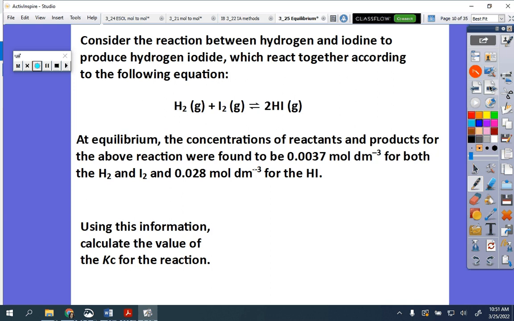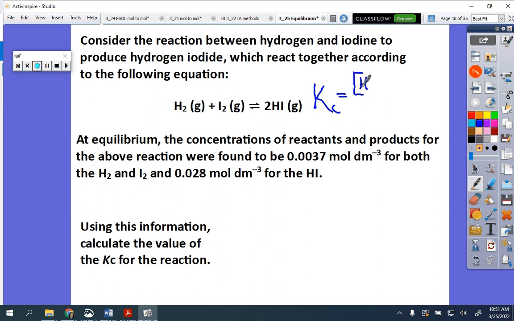So if we go back to that hydrogen iodine reaction, we can write an equilibrium expression for this in general. So let's do that first. Our K sub C for this would be the concentration of our products.